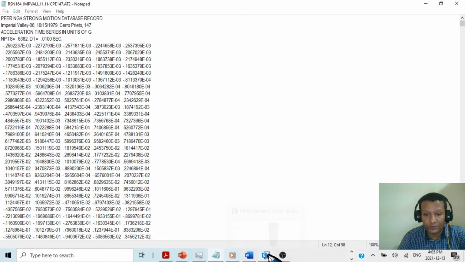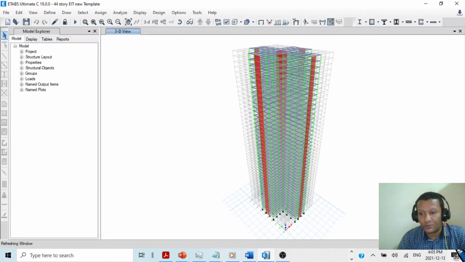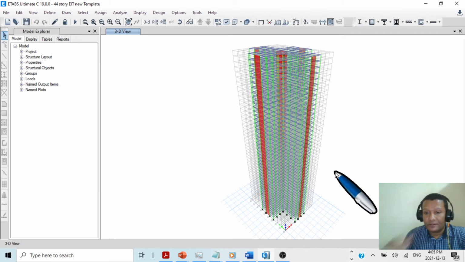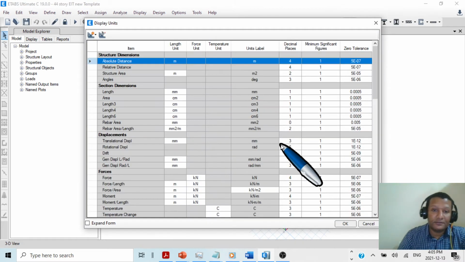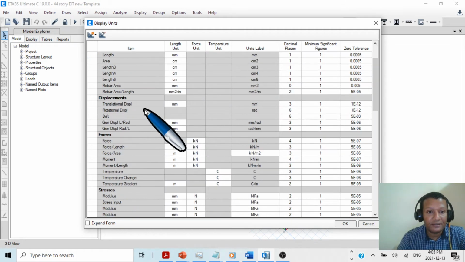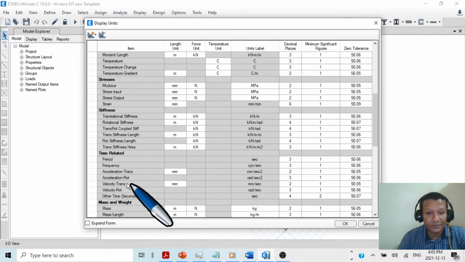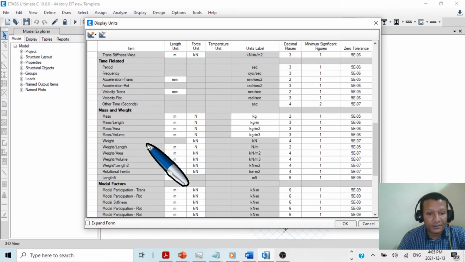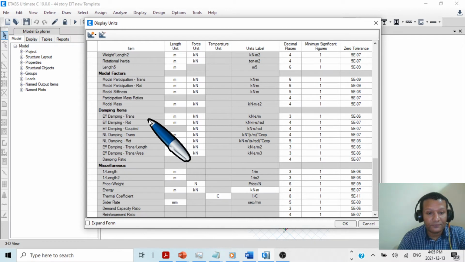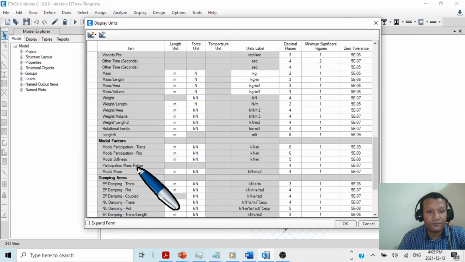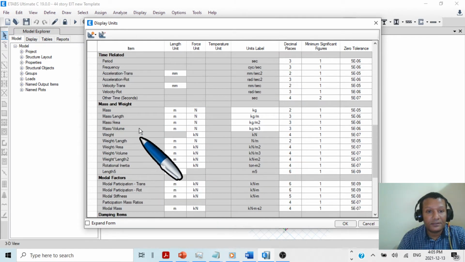Then when we go here in our data, we have to check which unit form. So our acceleration data should be compatible with this one. For example, where is acceleration? I think this one, yeah, millimeter per second square.